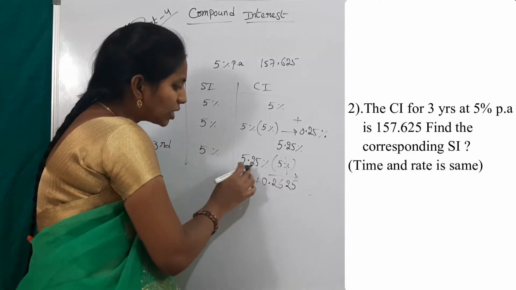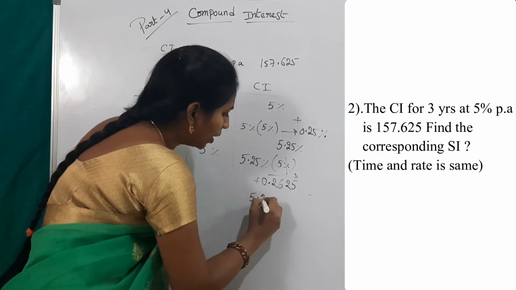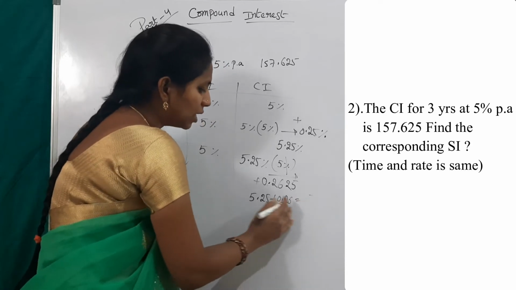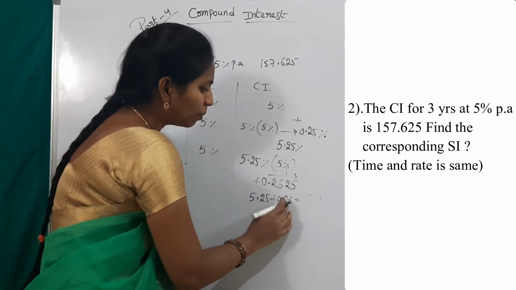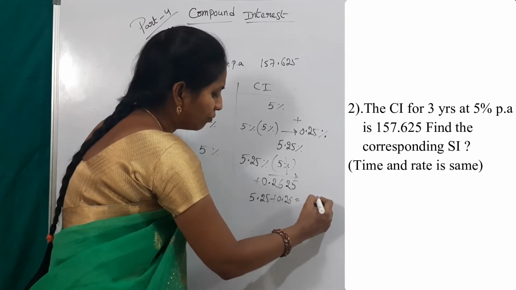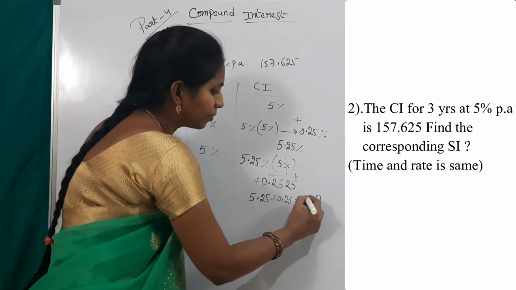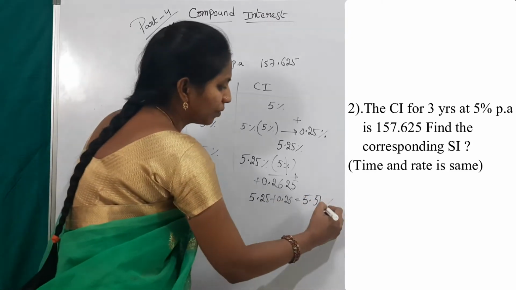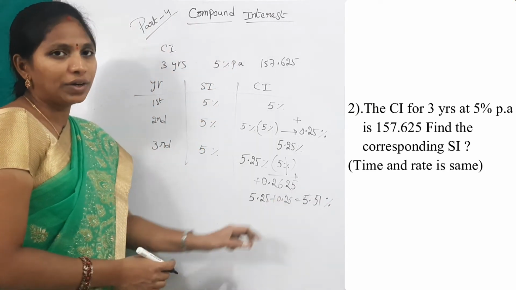Add this value to this 5.25. Okay. Means here 5.25 plus 0.26. What is the result? 6 plus 5 is 11. 1 carry forward. 2 plus 2 plus 1 is 5. And 5. 5.51%. This is for third year compound interest rate of interest.